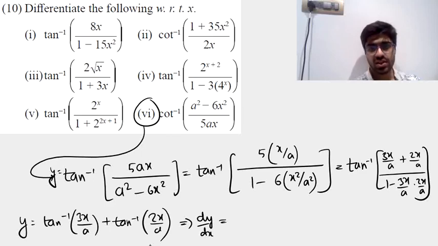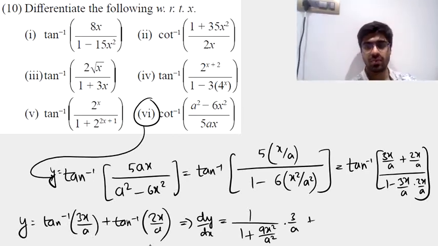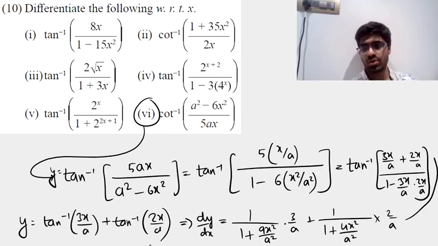So dy by dx is going to be 1 upon 1 plus 3x upon a the whole square, that is 9x square upon a square, into the derivative of 3 into x upon a, that is into 3 upon a, plus the derivative of this, that is 1 upon 1 plus 4x square upon a square into 2 upon a. Now try to simplify that further.